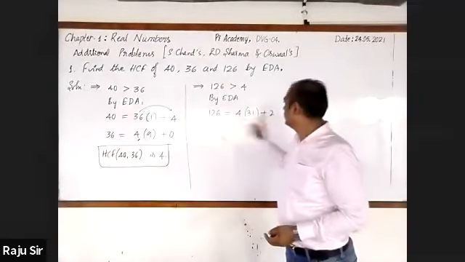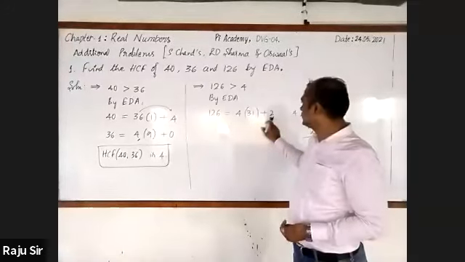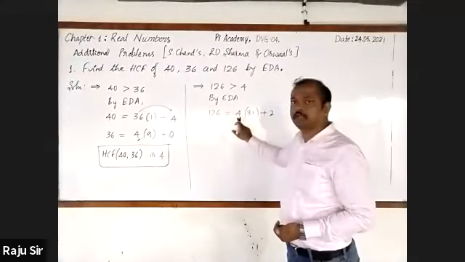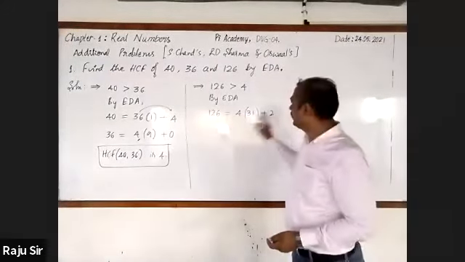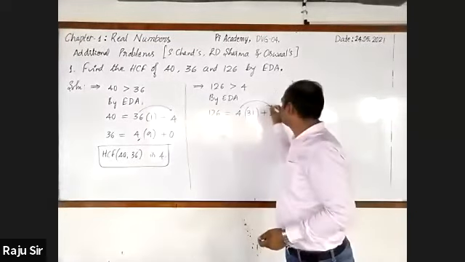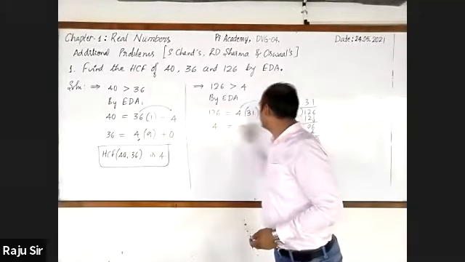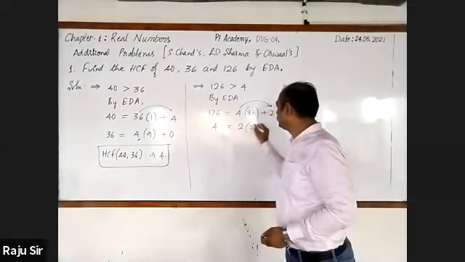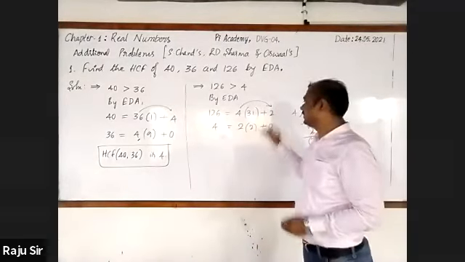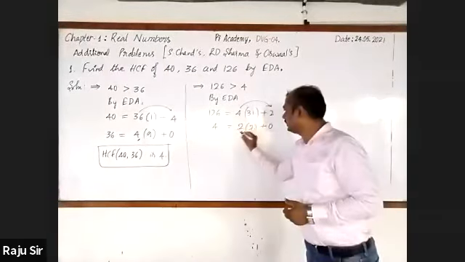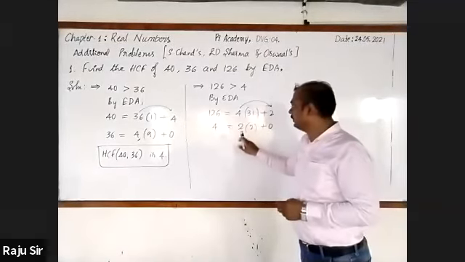Next, here the remainder is not equal to 0. Therefore, continue to divide. 4 is greater than 2. 4 can be written as 2 2s are 4 plus remainder 0. The divisor 2 will be the HCF.